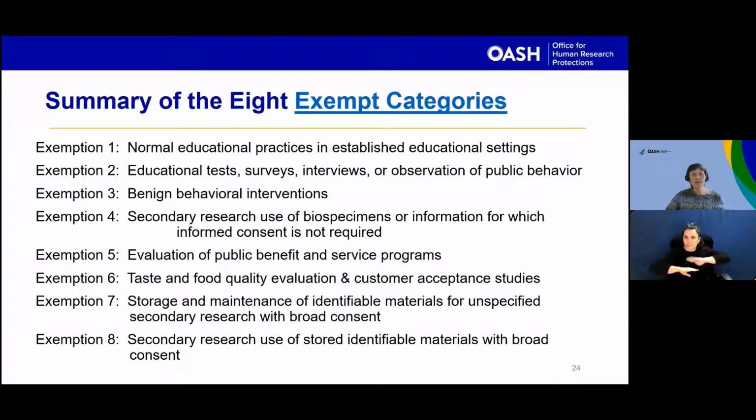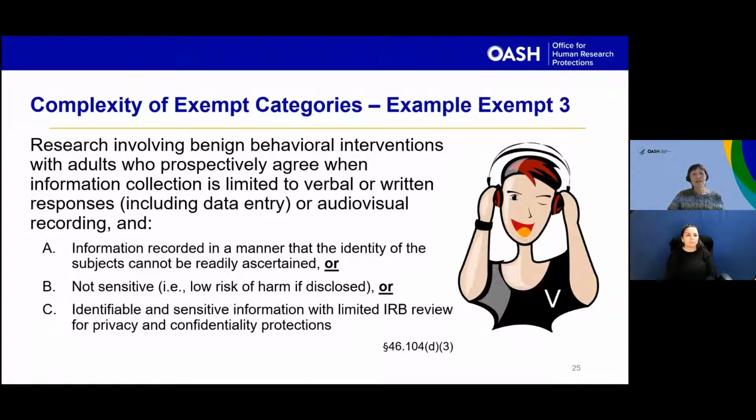All right. Now I'm going to show you one. This is the text description for exemption 3. Research involving benign behavioral interventions with adults who prospectively agree when information collection is limited to verbal or written responses, including data entry or audiovisual recording, and one of these is met.